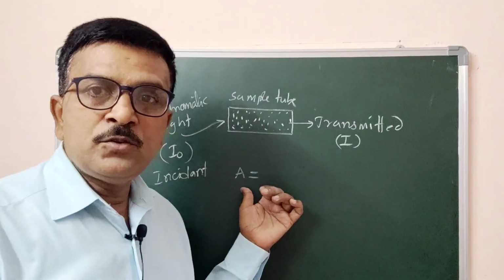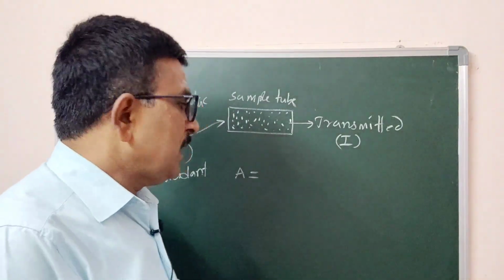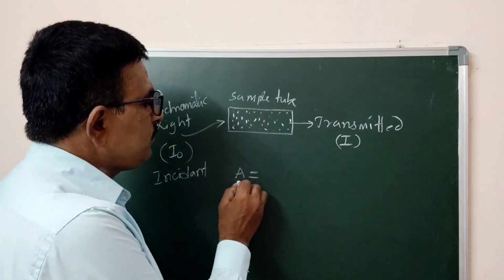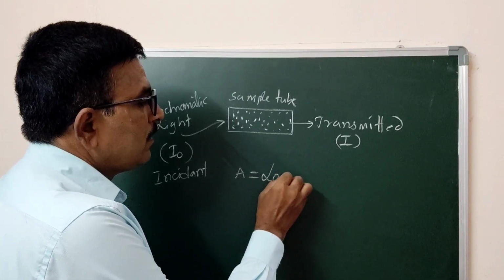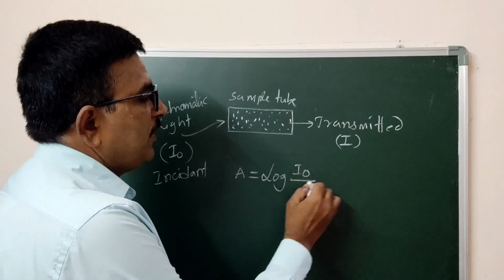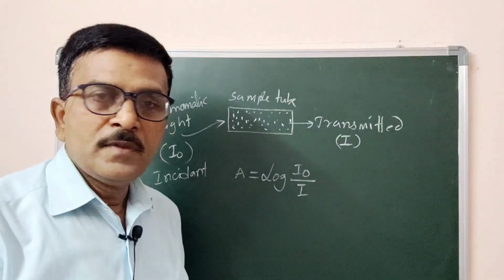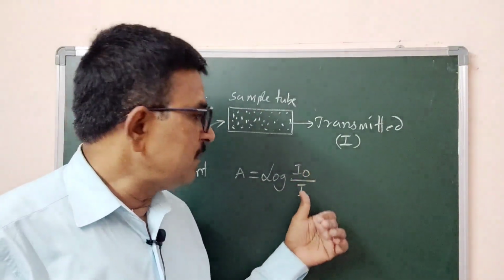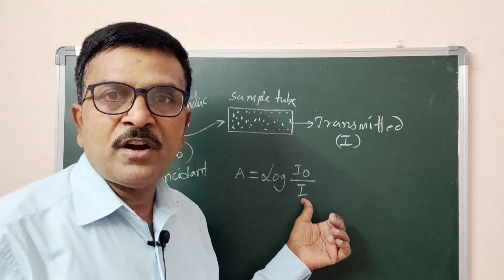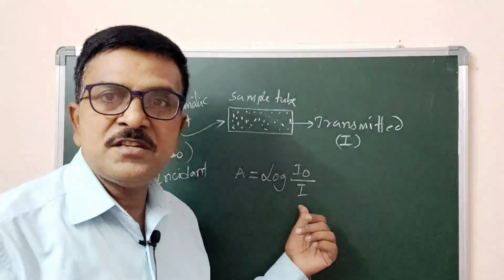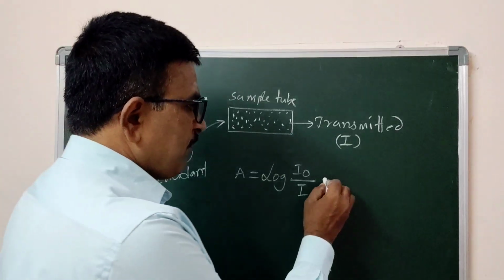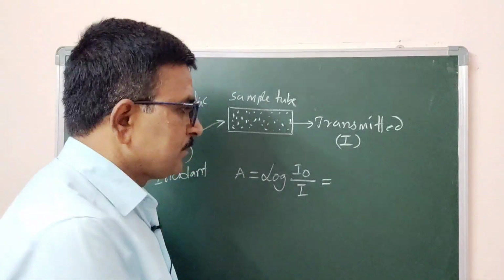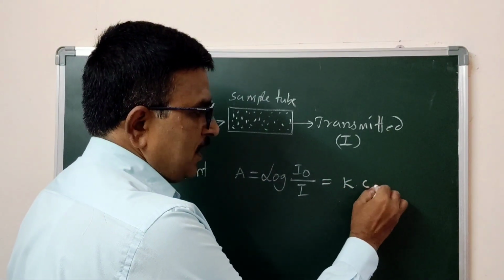So according to the Beer-Lambert law, it is summarized as A is equal to log I0 divided by I, where I0 is the intensity of incident radiation and I is the intensity of transmitted radiation. This is higher, this is lower, which will be further summarized as K into C into L.